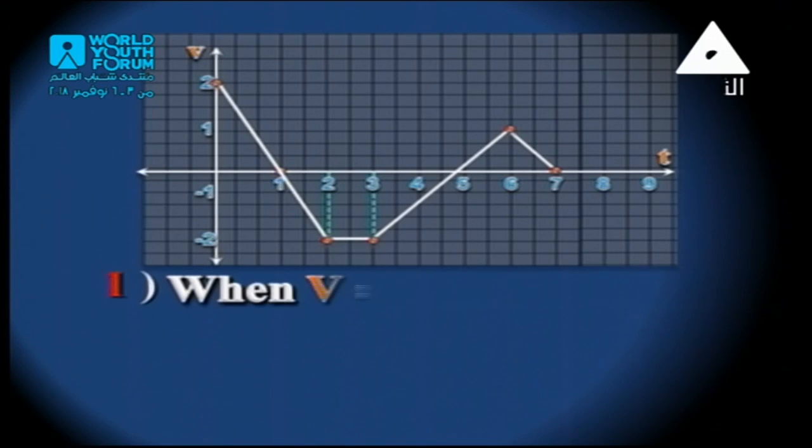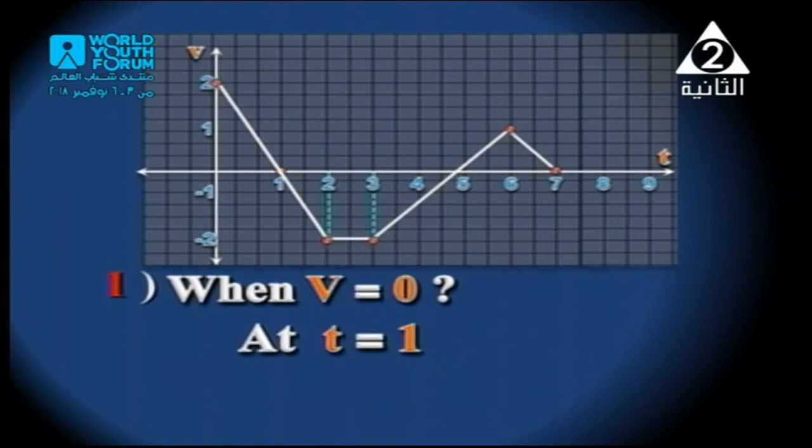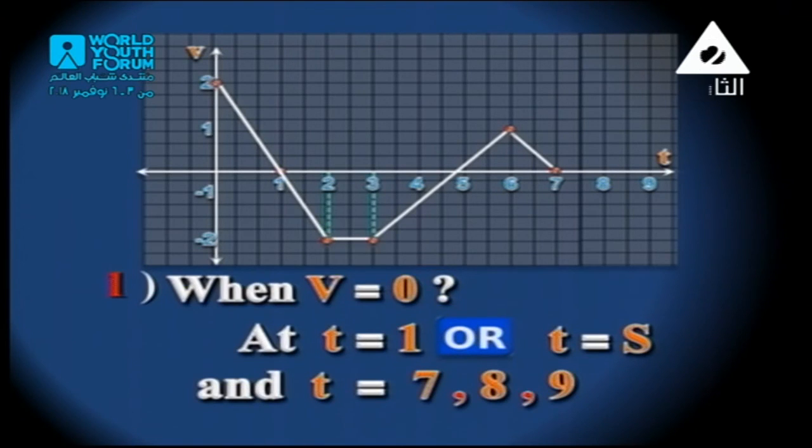When t equals 1, or t equals 5, or t equals 7. Look at, my dear student, the velocity equals 0 in 3 cases: when t equals 1, t equals 5, t equals 7.